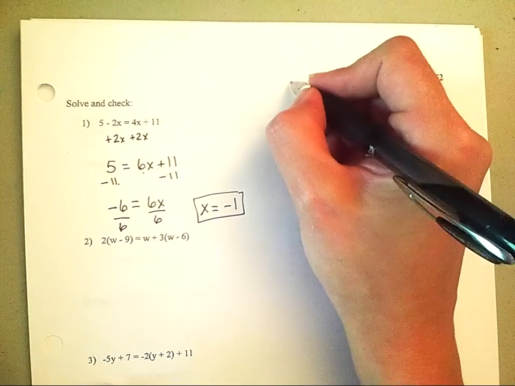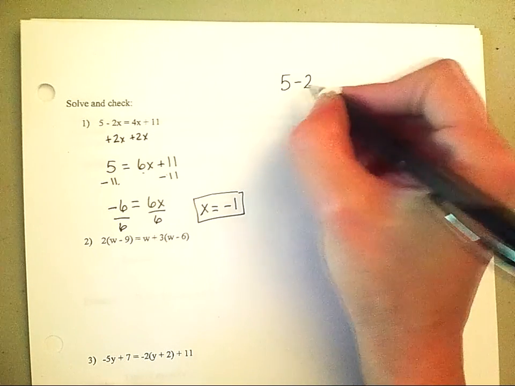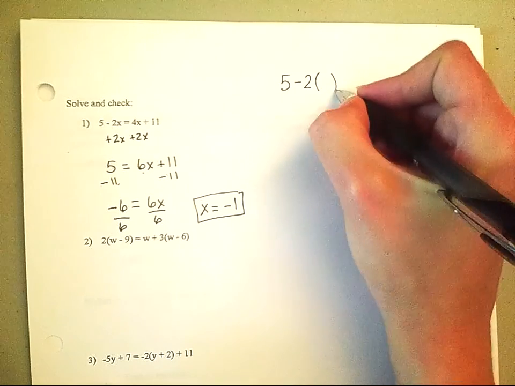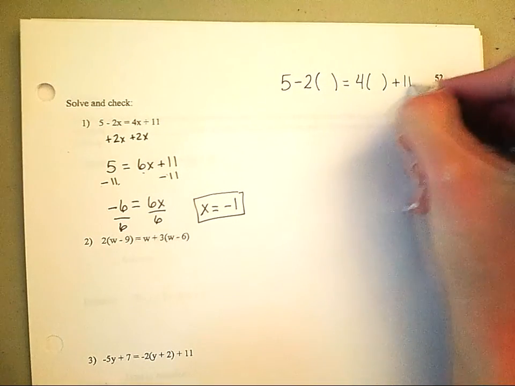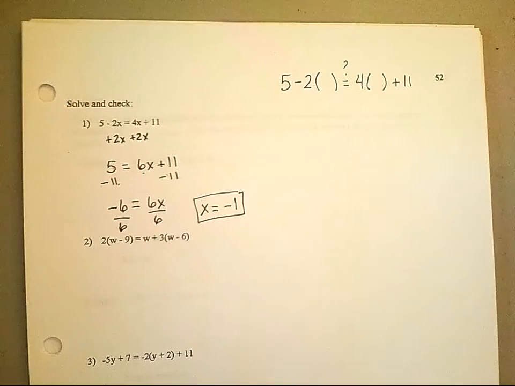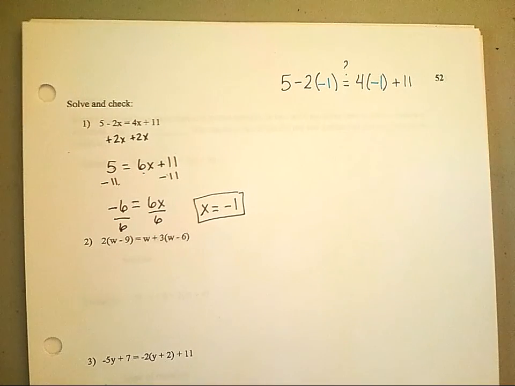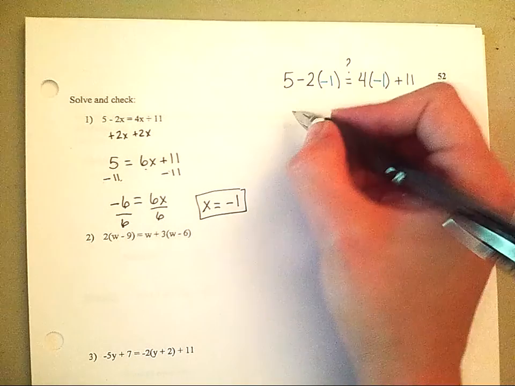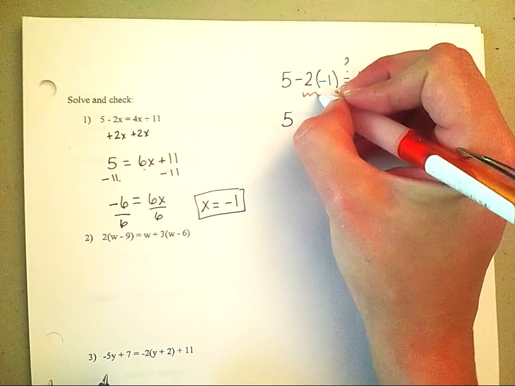And let's check ourselves. So putting back into the original, our original says take 5, subtract 2 times x, and will that be equal to 4 times x plus 11? And we said x is negative 1. Now following the order of operations, we'll have to do the multiplication.